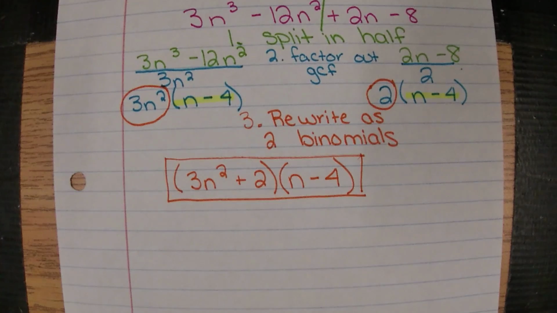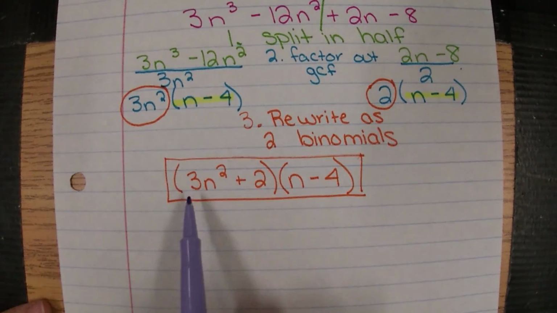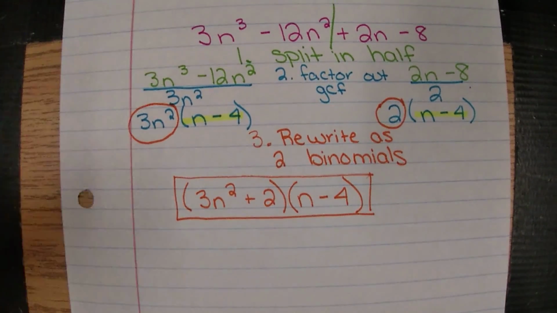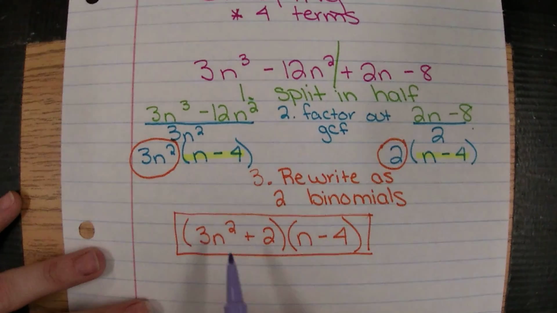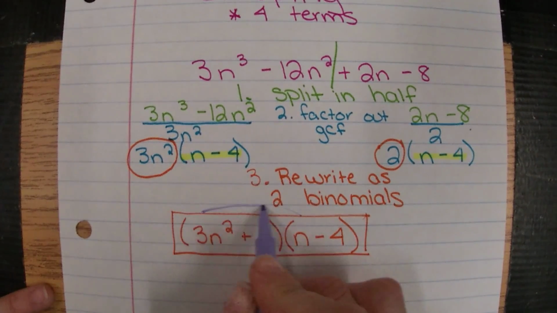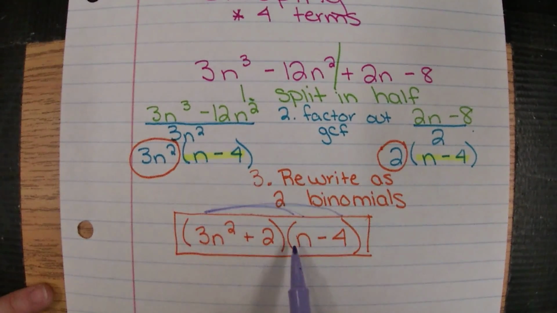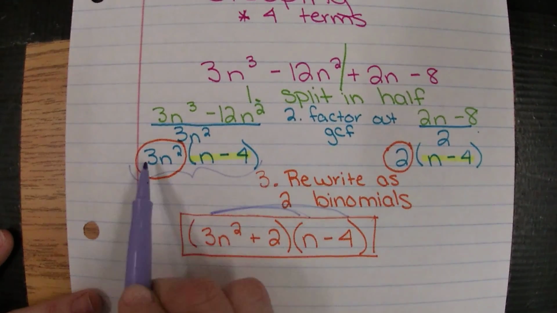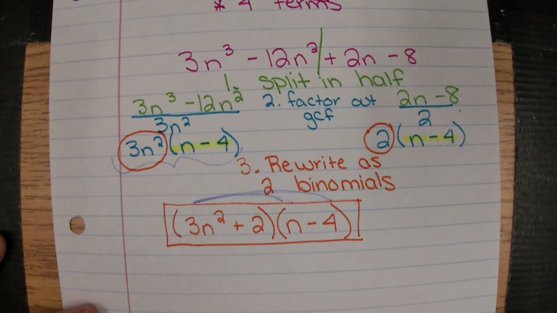Now, hopefully when we look at this, we go, wait a minute, this looks just like the problems we saw in our last unit where we were distributing twice. And we really just went backwards of distributing twice, right? Because if we were to multiply this back out, we would multiply this 3n squared times both the n minus 4, 3n squared times n, 3n squared times minus 4.